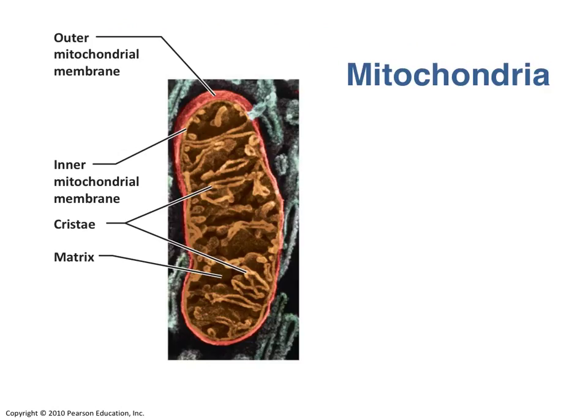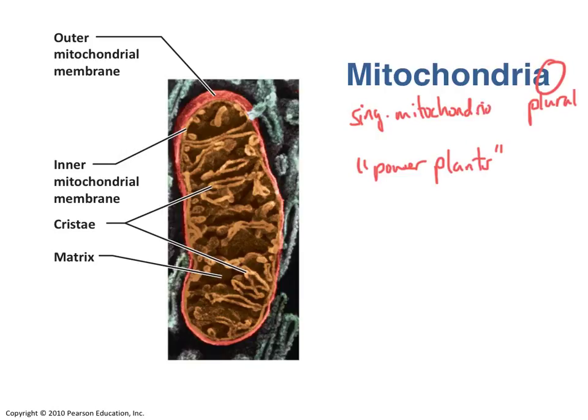Mitochondria are the power plants of the cell. And mitochondria, yes, it's plural. The singular form is mitochondrion. It's usually used in the plural because you have many mitochondria in a single cell.